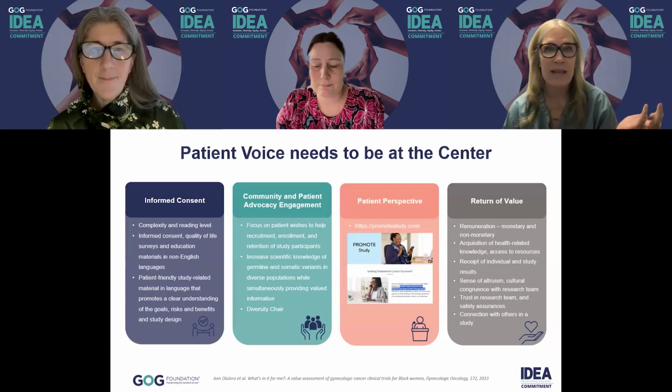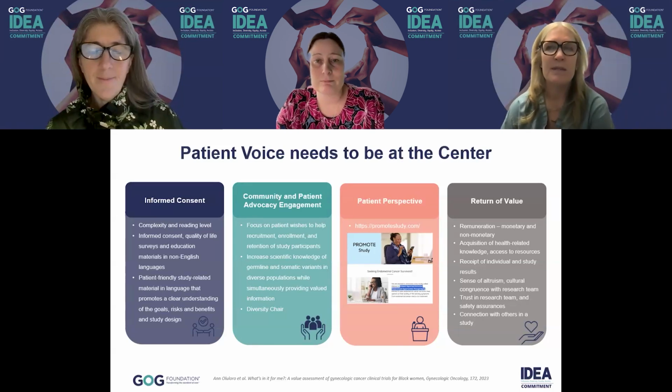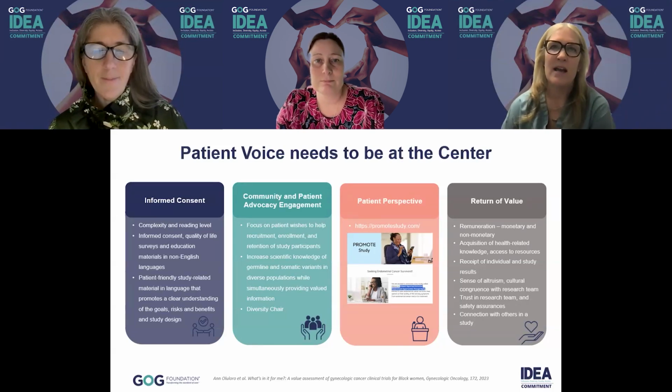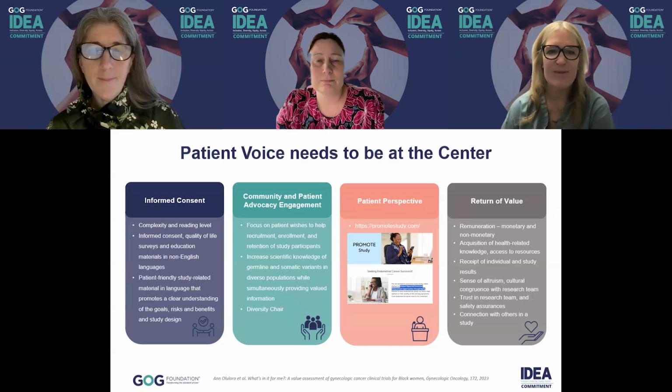And I think one way that could be helped is by increasing patient advocates throughout the entire process. And then I will just say, on that last bullet point on the return of value, connections with others in a study.